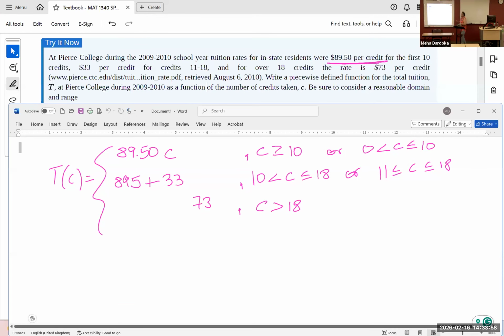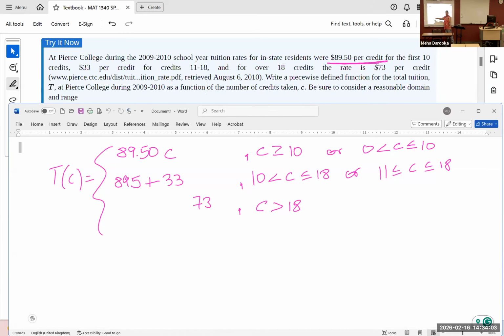Yeah, because if your total credit hours are 12, for the first 10 you are paying $895, right? So it was kind of like we did with the gigabytes example. So you will be doing 33 times C minus 10 to make adjustments for the first 10 credit hours.